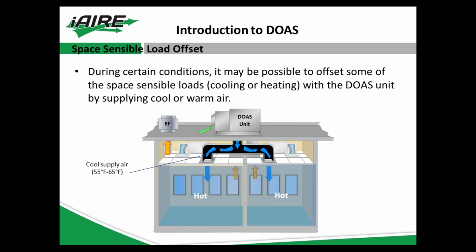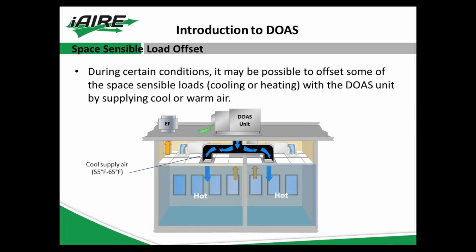So we just heard about offsetting the latent load, but you can also offset the sensible load of the space. This is one that you have to be more careful with. Generally, this would be providing closer to 55 degree air in the summer, and warmer air in the winter, to offset a little bit of that space load.